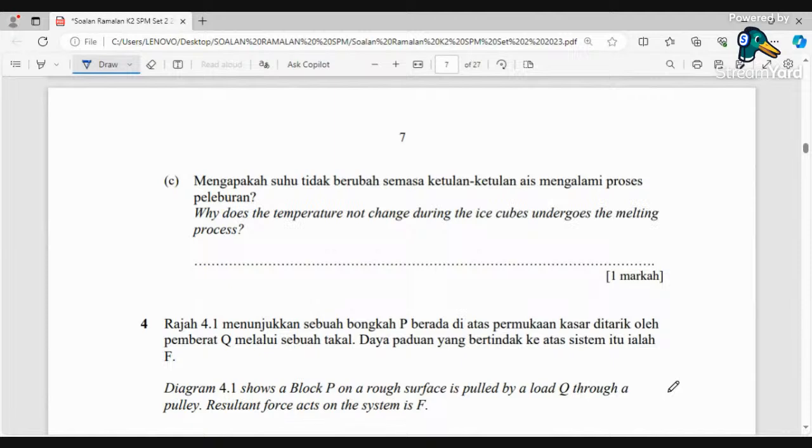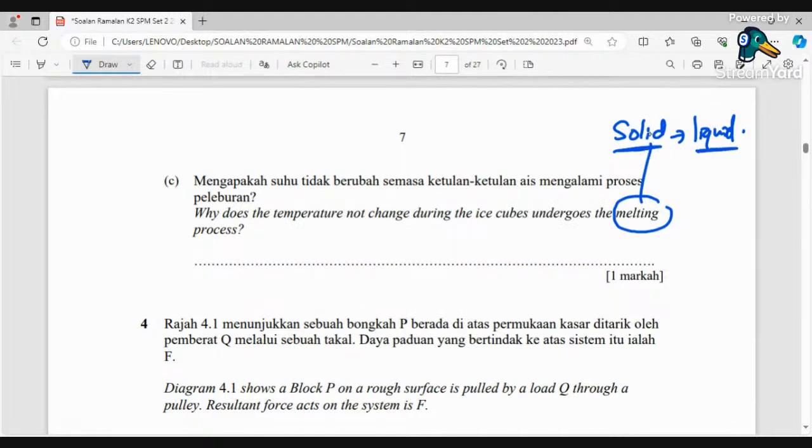Okay, bahagian C. Why does temperature not change during ice cube undergoes the melting process? Okay, process melting, we know that solid change to liquid. According to kinetic theory, the force between molecule for solid is stronger than liquid.